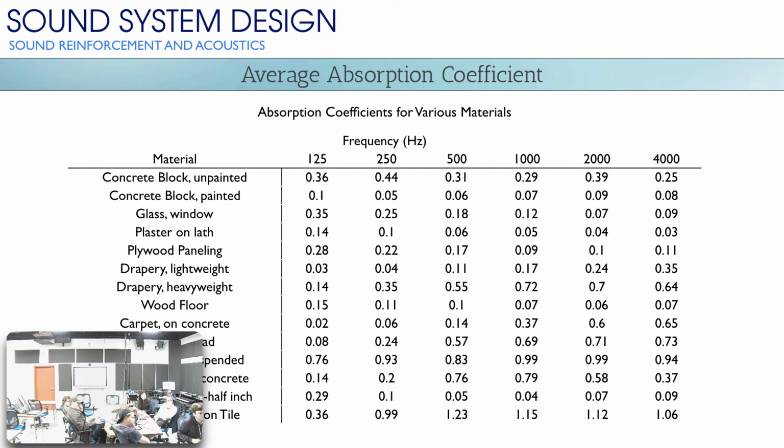The thickness of it has everything to do with why this thing is better than perfect. Again, go back and remember, how did we calculate the absorption coefficients? Oh, it's worth more Sabins than its actual area. Yes, okay, so you got it.